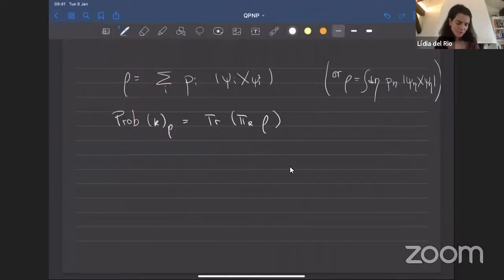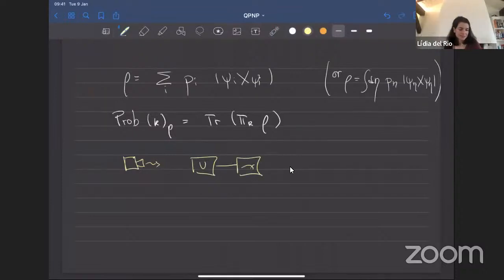But now what about evolutions? We said maybe I want to apply first an evolution and then measure it, right? And then we need to see how do I evolve this object in time, or how do I evolve it according to some unitary. So now, again, we have the machine producing states, and now I'm going to apply some unitary, and then I'm going to measure it.